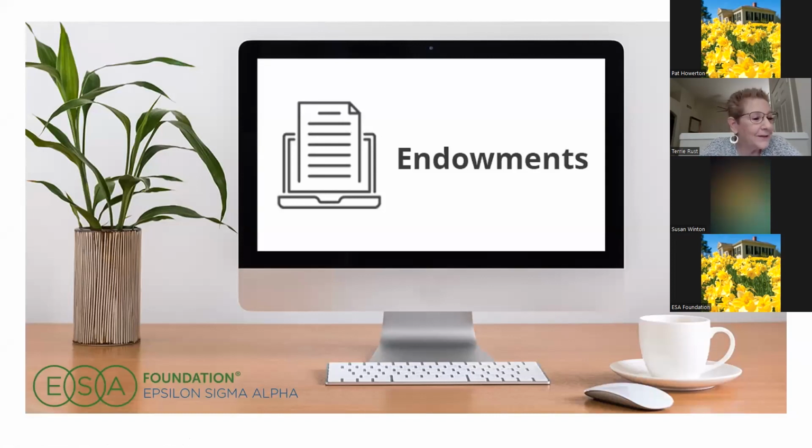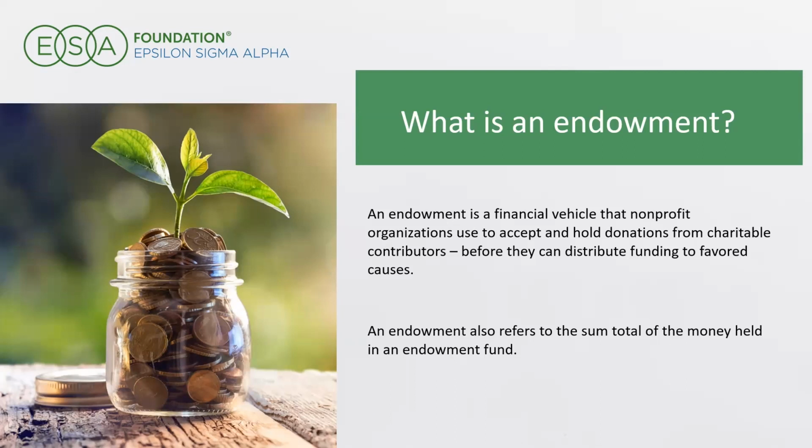Let's start out by discussing what is an endowment. There really are two ways to look at an endowment. An endowment description can be just that: a financial vehicle that nonprofit organizations use.